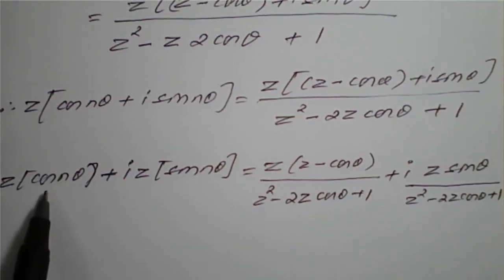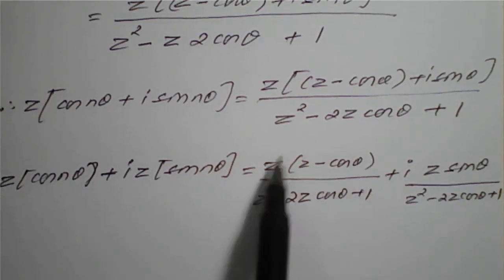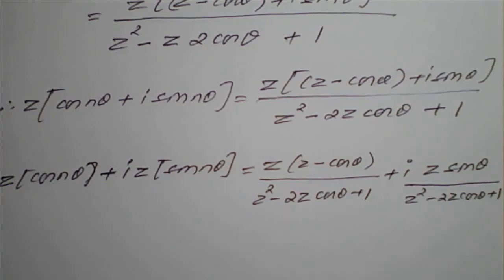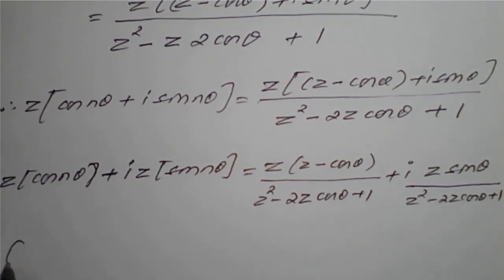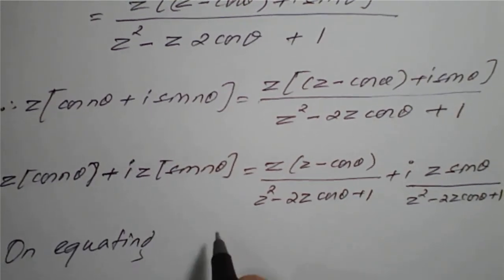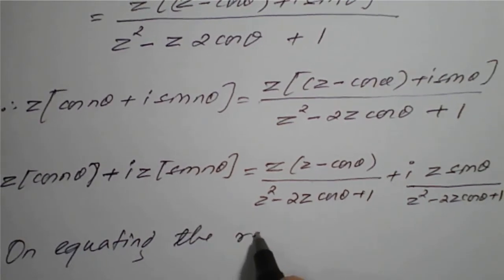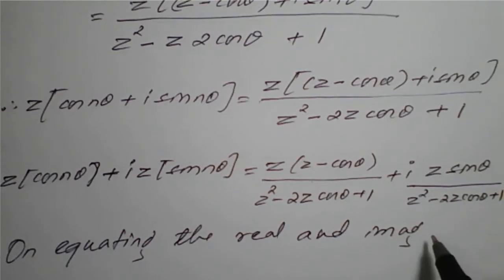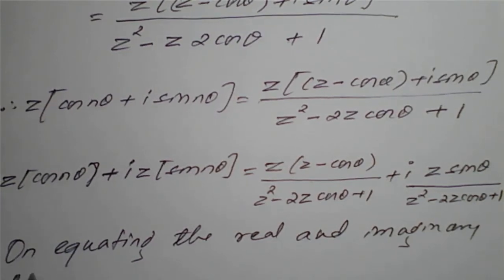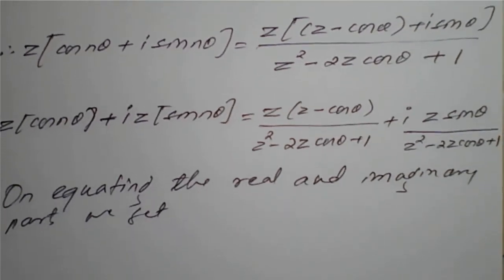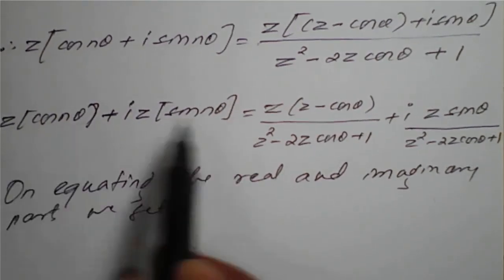So the left hand side also has a real part and an imaginary part. Now on equating the real and imaginary parts, we equate real with real.